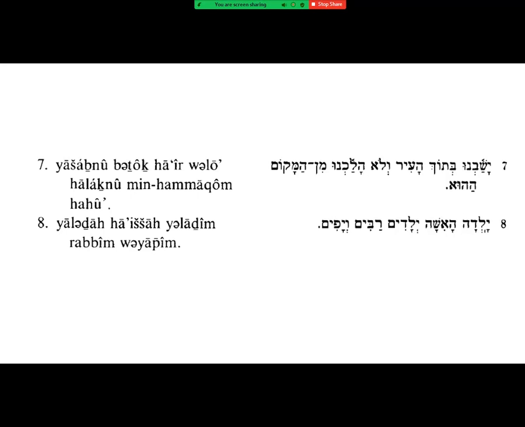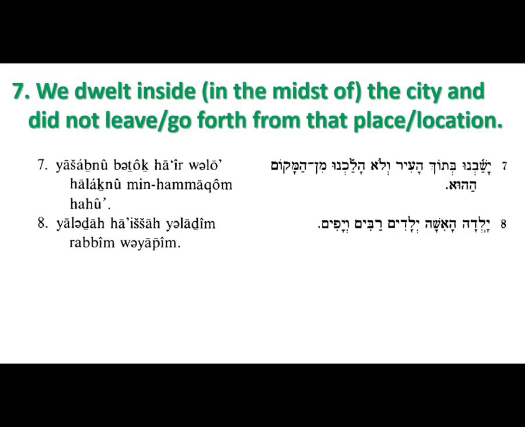We lived in the middle of the city. Velo, and not holaknu. We did not walk away or go forth or leave. Min hamakom. And hamakom was from that location, that GPS, that location, that locale. So we dwelt inside the city or in the midst of the city, and we did not leave or go forth from that place or from that location.